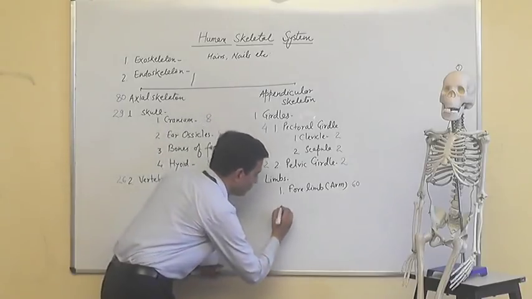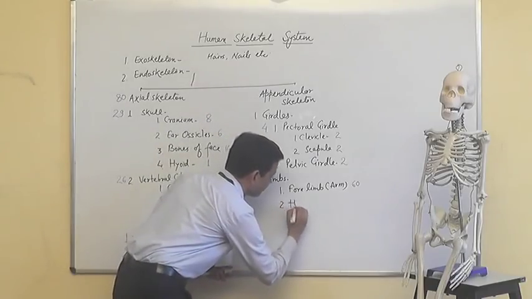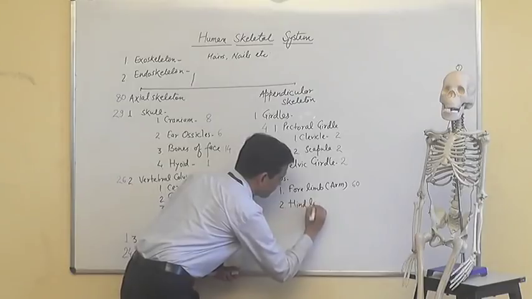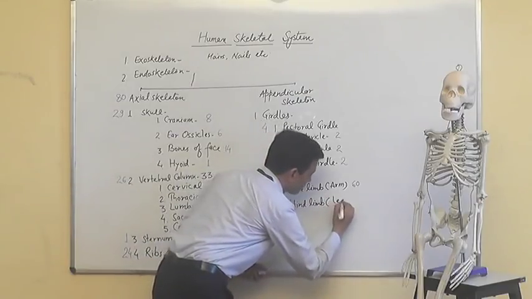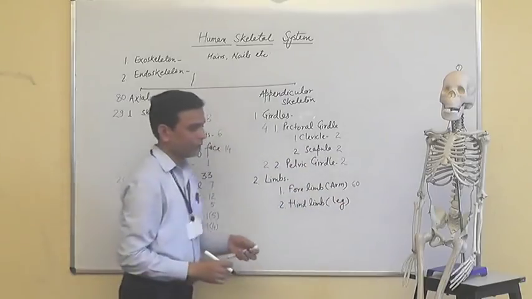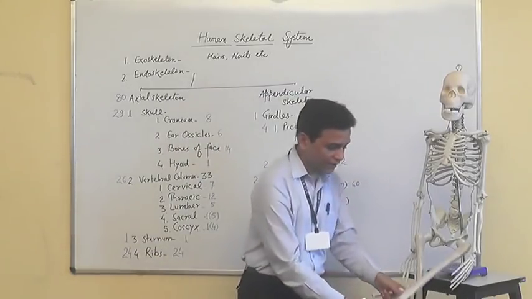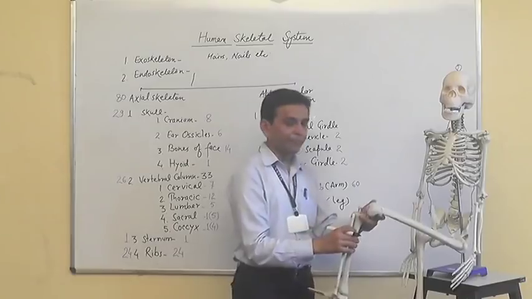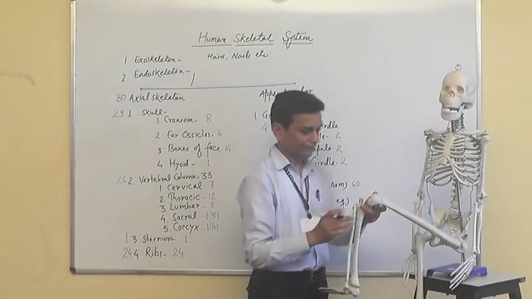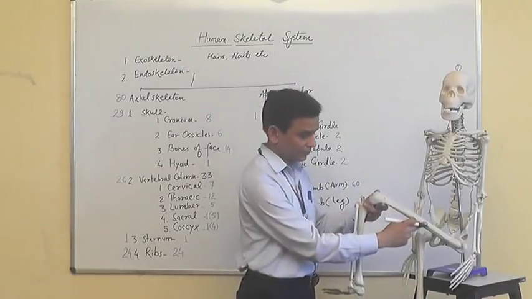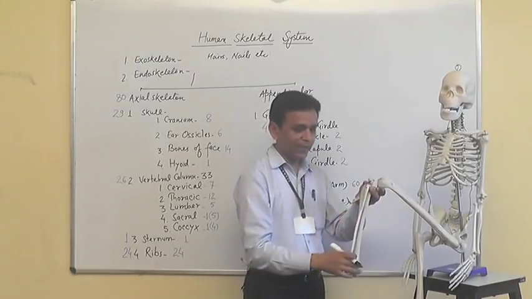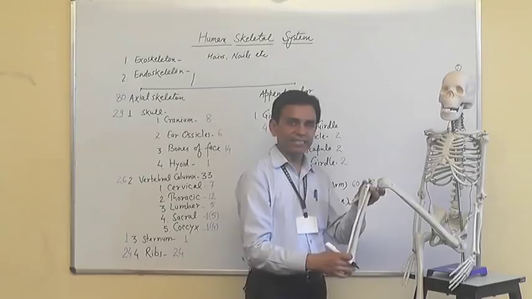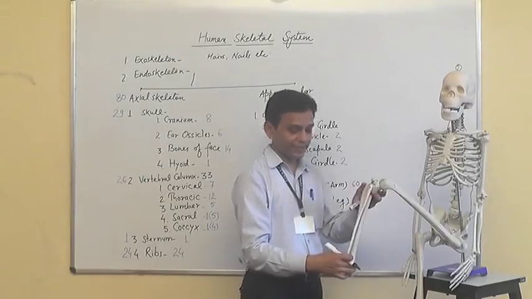Let us move on to our hind limb. We also call it leg. Each of our legs is made up of 30 bones. 1 femur, 1 tibia, 1 fibula. Here in ankle region there are 7 bones called tarsals.